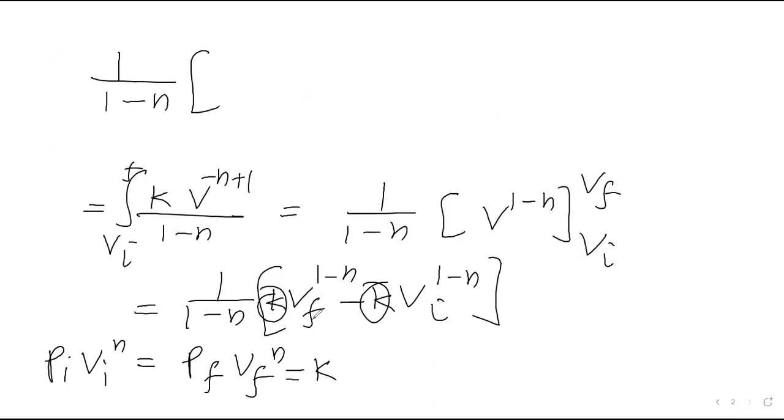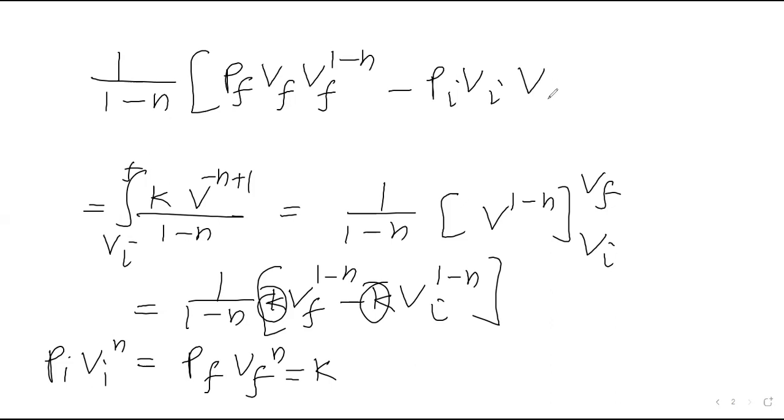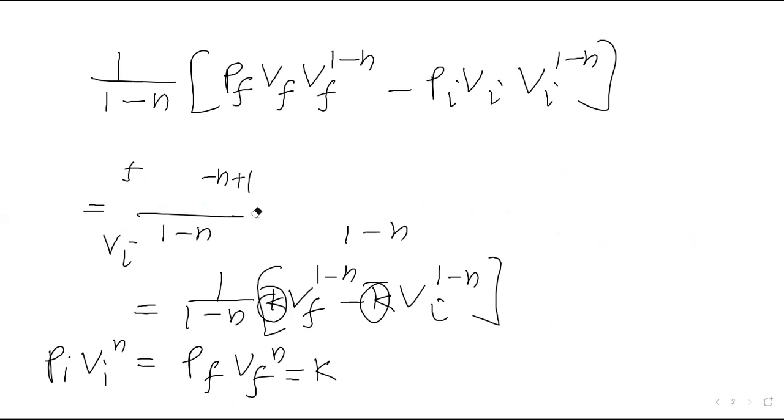This K, now I'll write as PF VF raised to N into VF raised to 1 minus N. This K, I'll write as PI VI raised to N into VI raised to 1 minus N. By simple rules of indices, of course, what we get is something like this. I'm just cancelling everything over here.